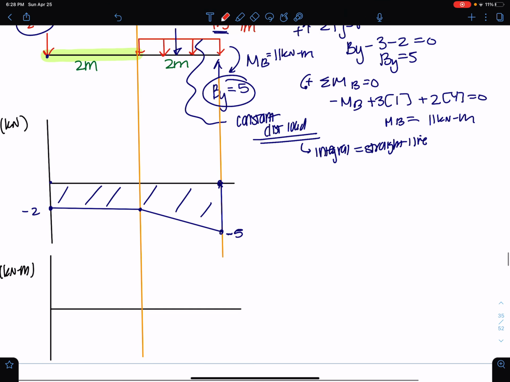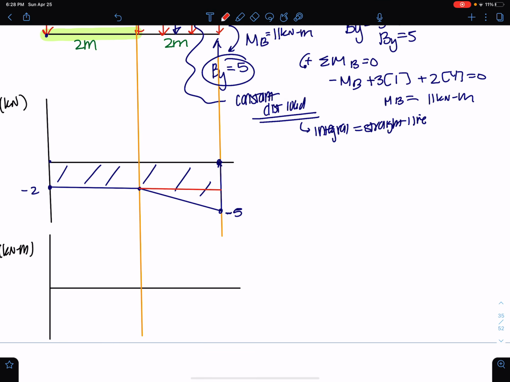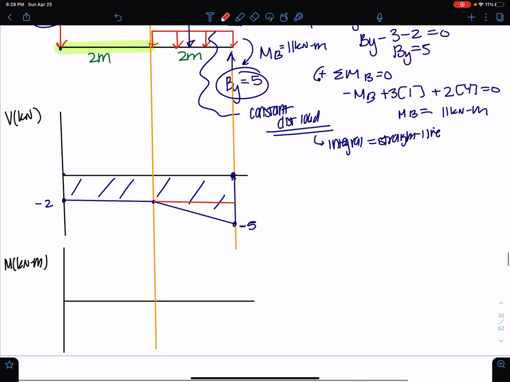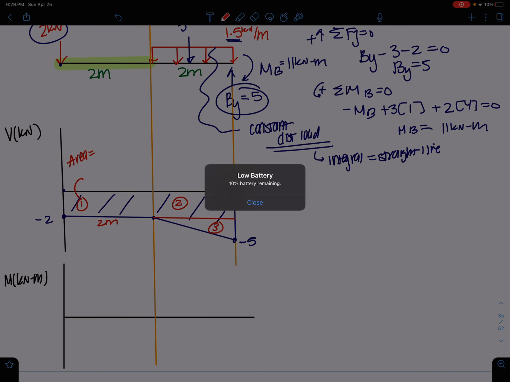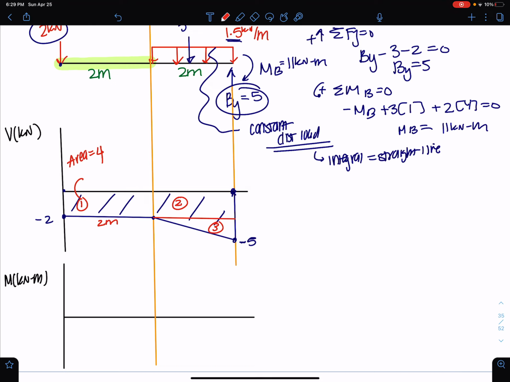Now, I can look at this shear diagram and get really easy values for my areas. So the area of this first box 1, I can get the area of 2, I can get the area of 3. The area of 1 is equal to 2 meters times a value of 2, so 4. This is also going to be 4, right? This area is going to be 1/2 times, if this is 4 and the whole thing is 5, then this has to be 1 and 4, right?